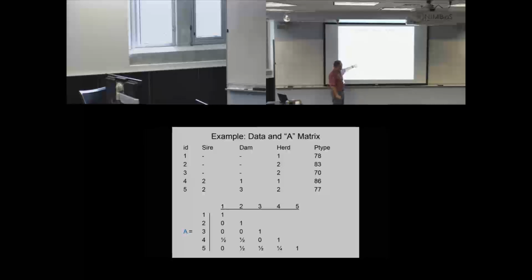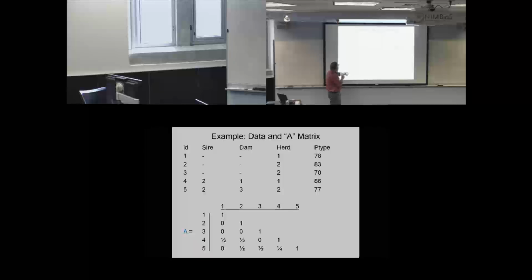It's genetically identical to itself. Individual 2 is not related to individual 1 at all, right? We don't know who the sire and dam of individual 1 and individual 2 is, so that's not related to individual 1, and it has a relationship to itself of 1. Individual 3 is not related to 1 or 2, but it's related to itself by a value of 1.